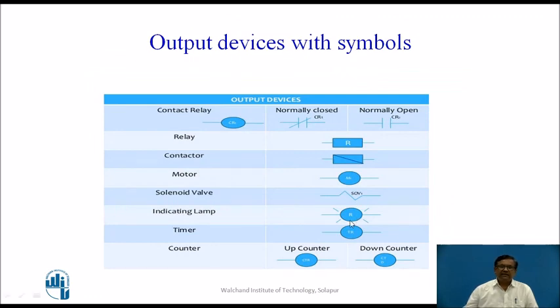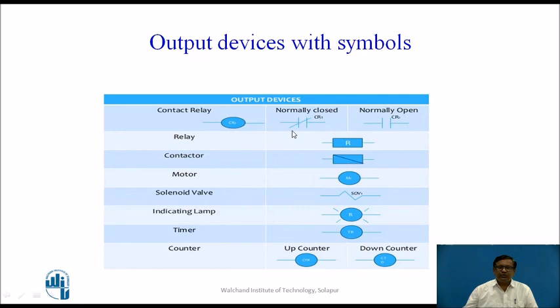These are the output devices with their symbols. If you look, this is the contact relay called CR, and the contact relay is shown by a symbol. This is a normally closed one.